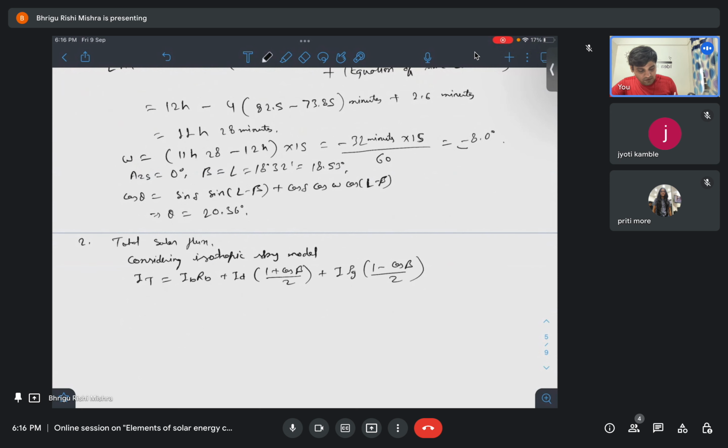Okay, now this RB we need to calculate. RB is nothing but cos theta, here theta t, that is for the tilt angle, cos theta t by cos theta z. We have already calculated cos theta t, we need to calculate cos theta z.